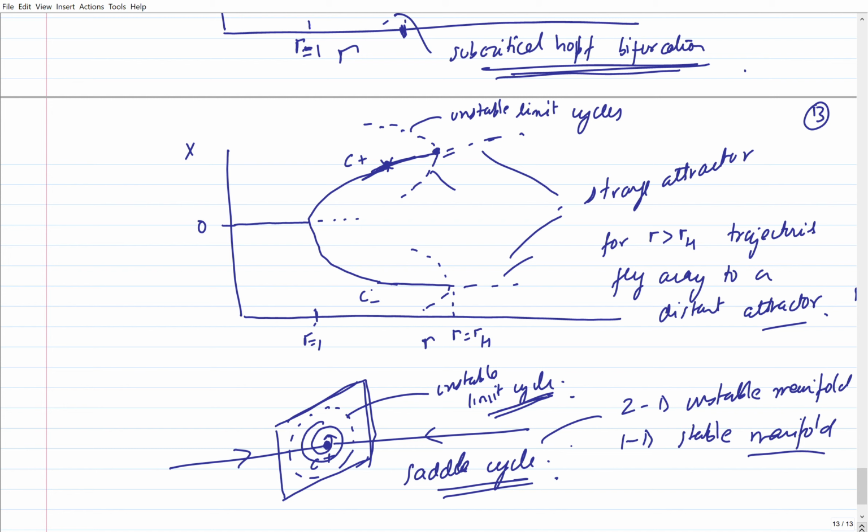Of course, since this is unstable, any trajectories outside also go away from this limit cycle.